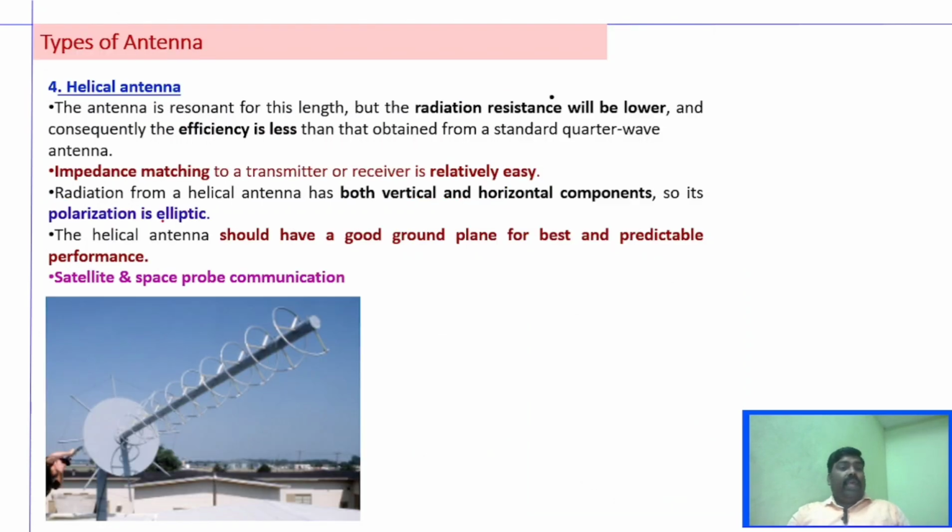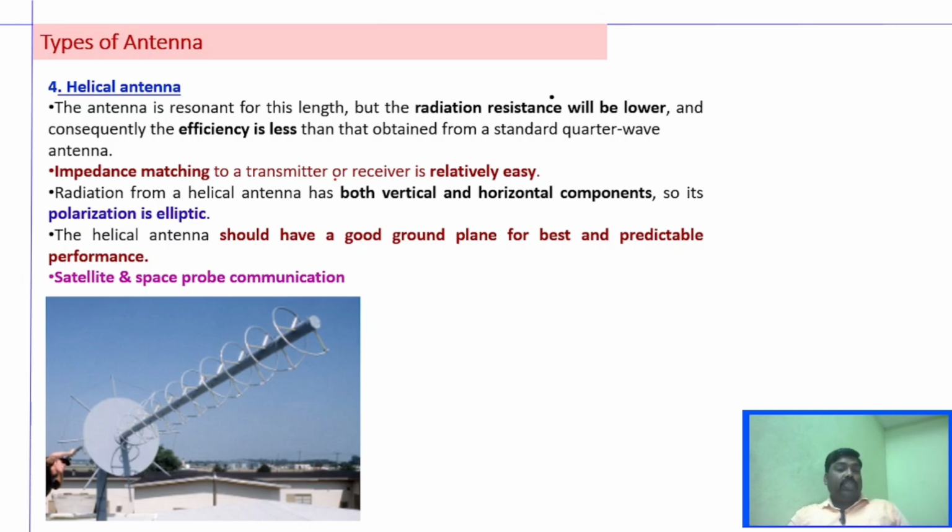And in the helical antenna, a very important factor is that the efficiency is low here, but the antenna is resonant for its length, though the radiation resistance will be very low. The impedance matching to a transmitter or receiver is relatively easy in helical antenna, and in helical antenna both vertical and horizontal components are present, so the polarization is elliptical.